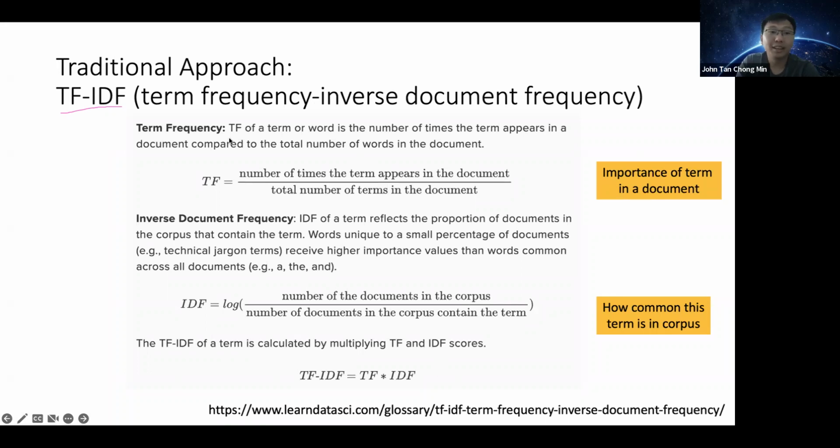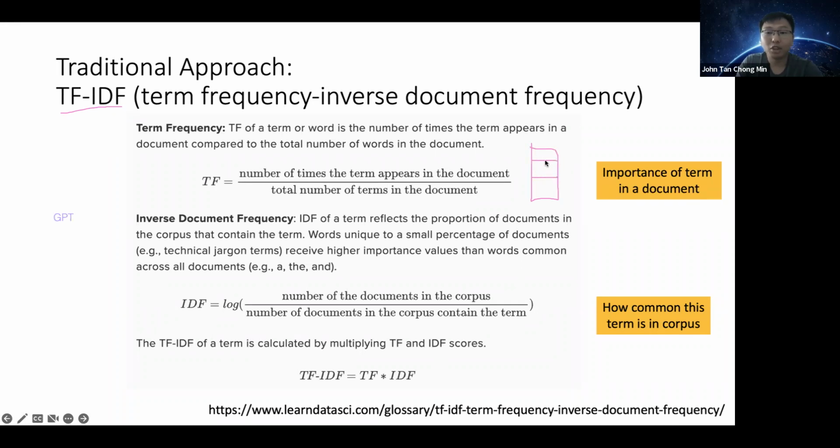This was used a long time ago to try to find out which of the terms are more relevant to a document. For example, if I search the word GPT, I can then check through all my documents. We can find the term frequency for all the documents.